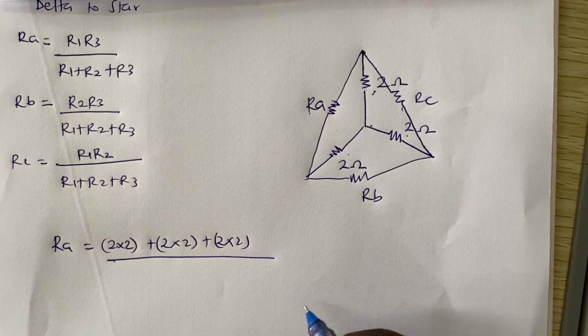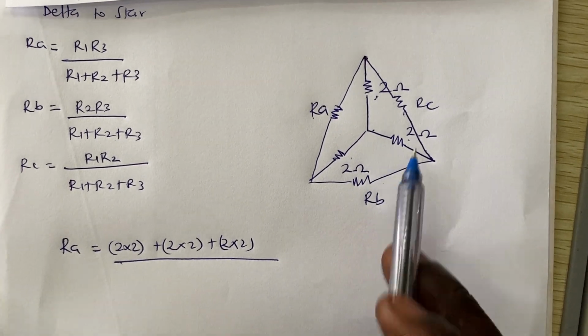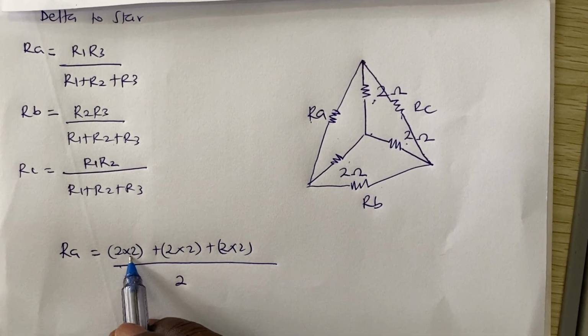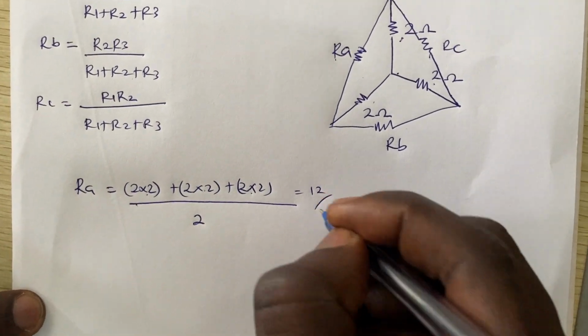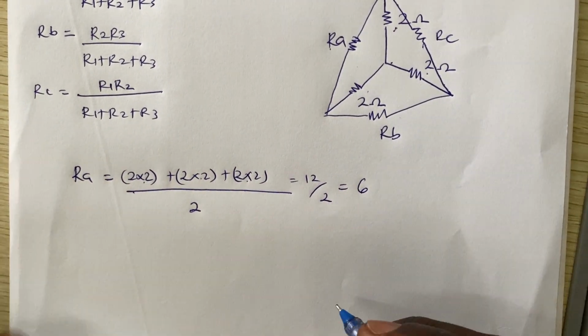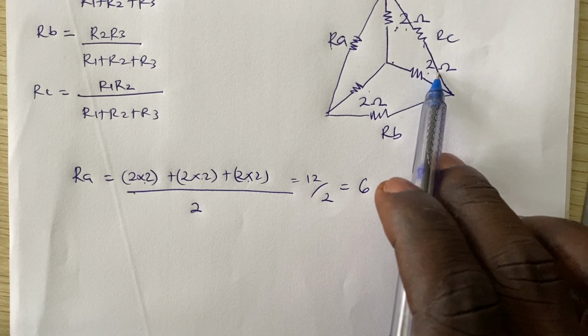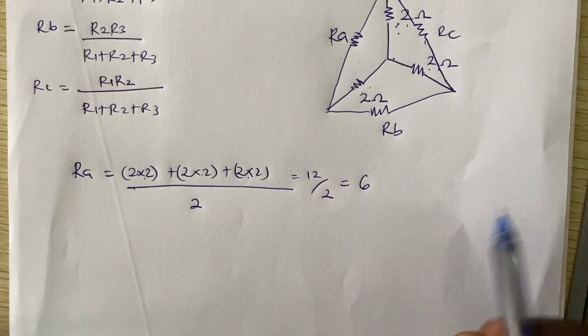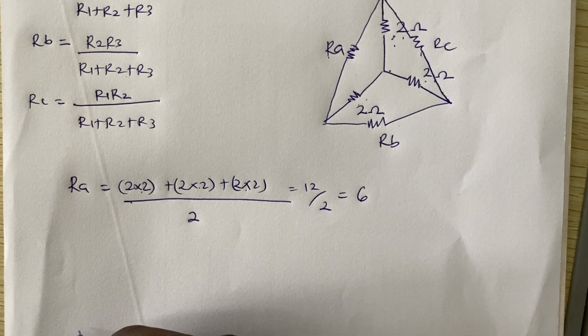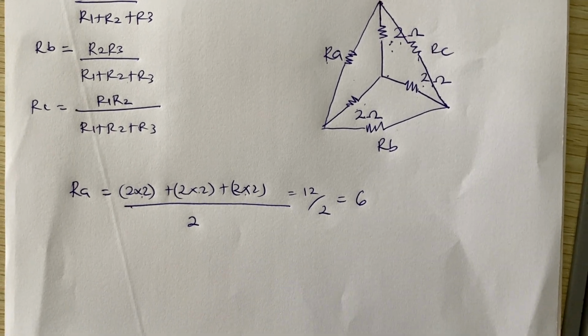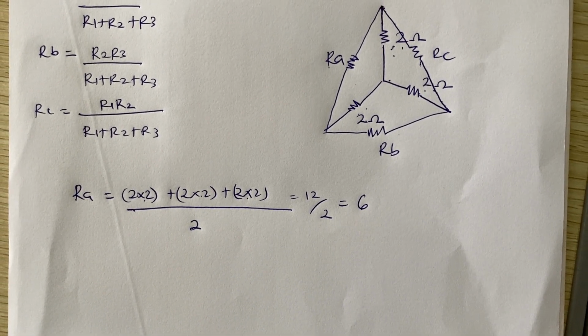Divided by the element in which it finds itself, which is this 2, right? So we are going to get 4 plus 4 plus 4, which is going to give us 12 divided by 2, and then our answer is going to be 6, right? And since all the values we have here are 2, it means that we are going to get the same value for RB and then RC. So RB is going to be 6, RC is also going to be 6, right?